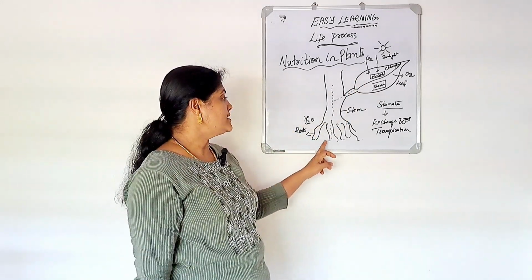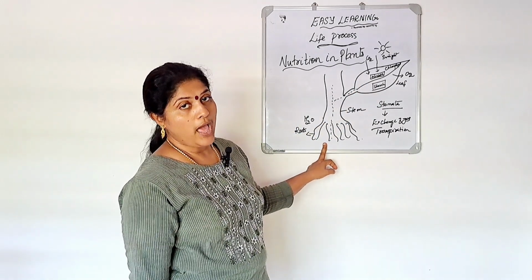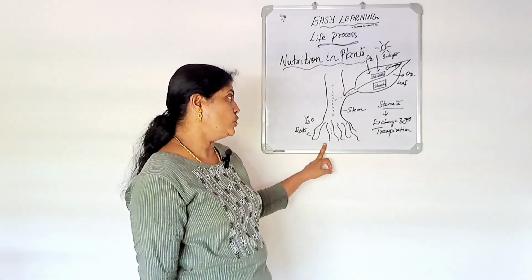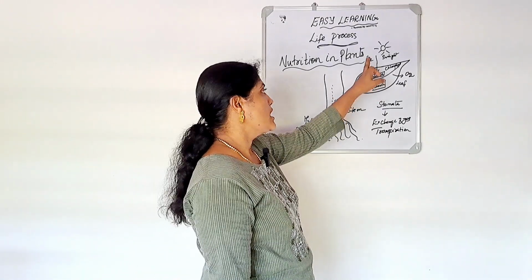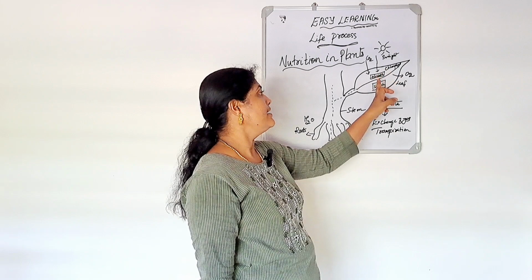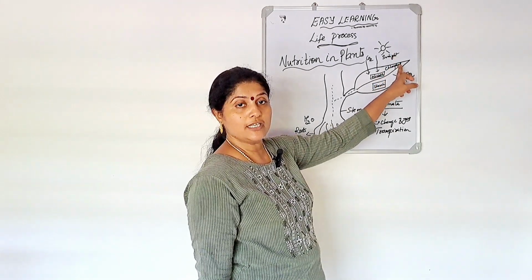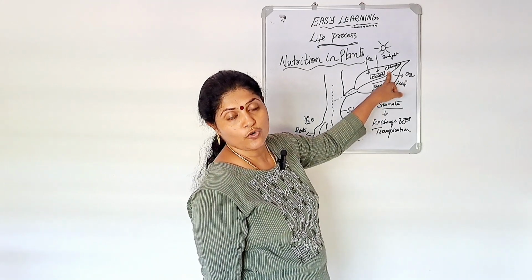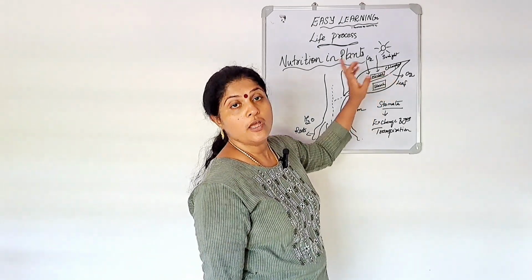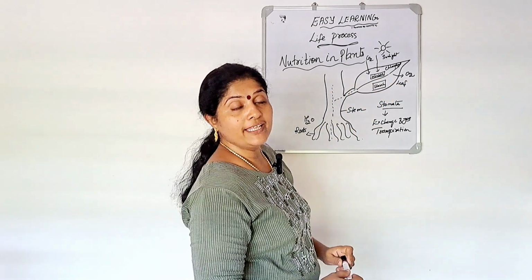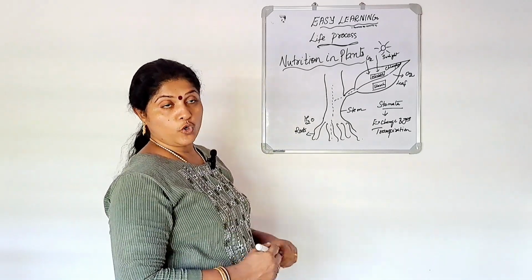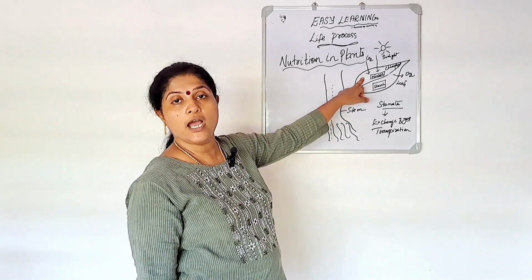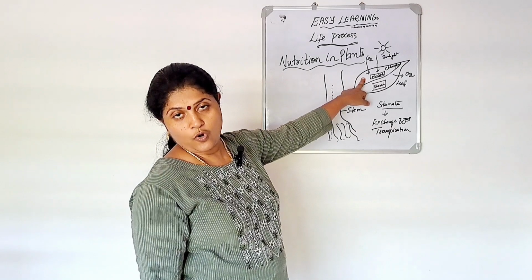So the water is taken into the plant with the help of the roots. That water, carbon dioxide, chlorophyll and sunlight produce what? They produce the product known as glucose. So the food produced by the plant by the process of photosynthesis is the simple sugar known as glucose.